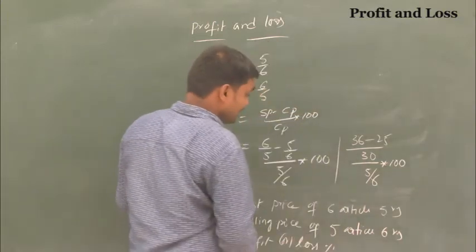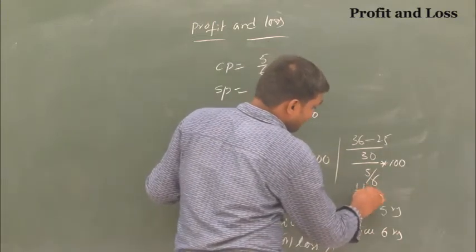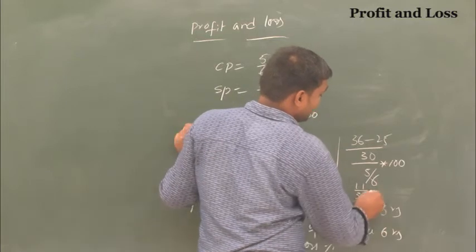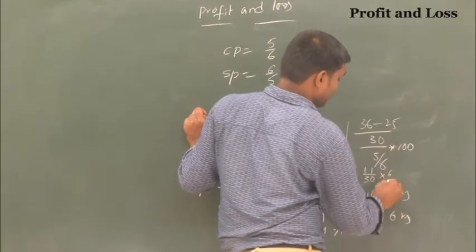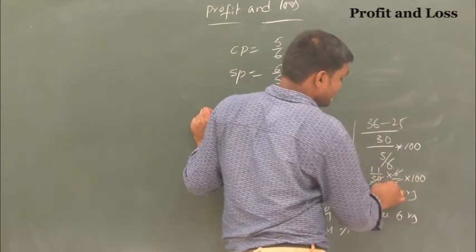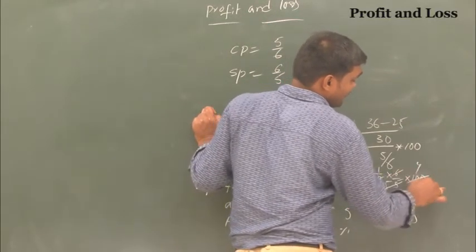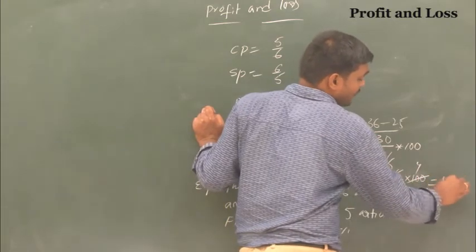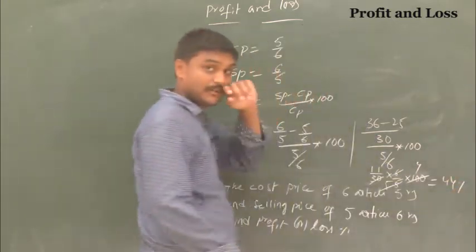That is 11 by 30 into 6 by 5 into 100, which gives 44%. This is one way.